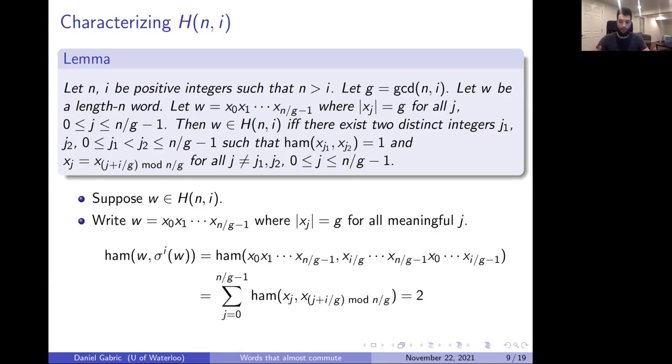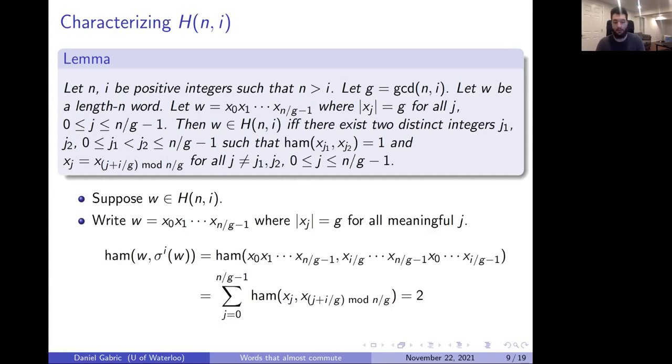And also, since w is split up into length g blocks, where g is the greatest common divisor of n and i, and g divides i, all we need to do to rotate this set of blocks is take the first i over g blocks and rotate them to the end.